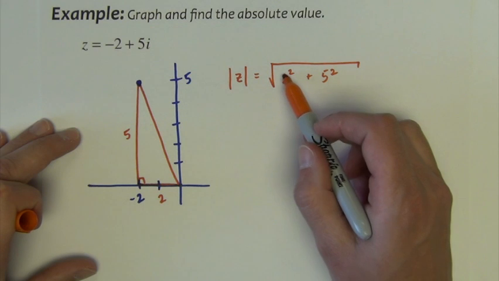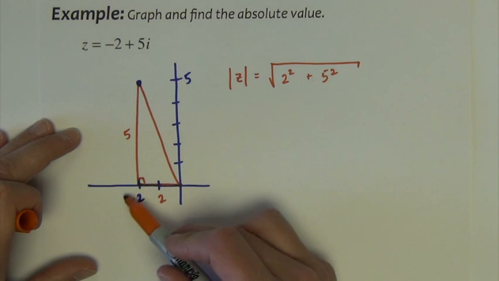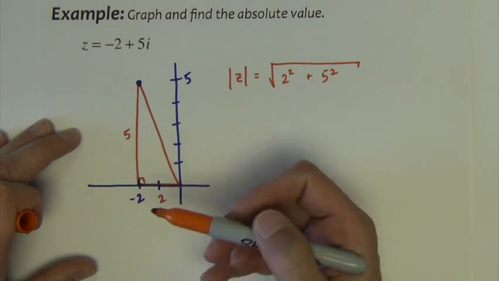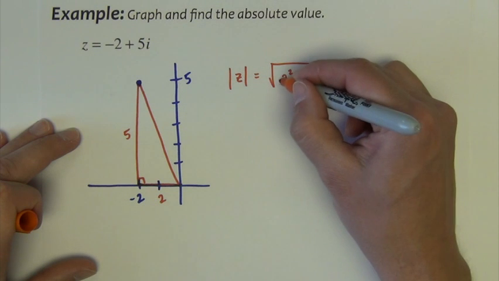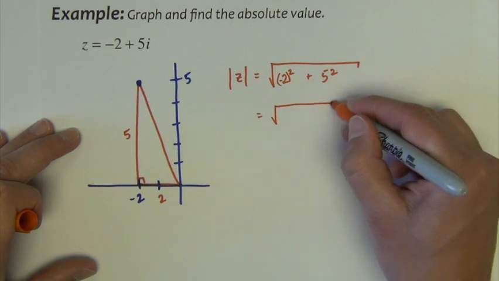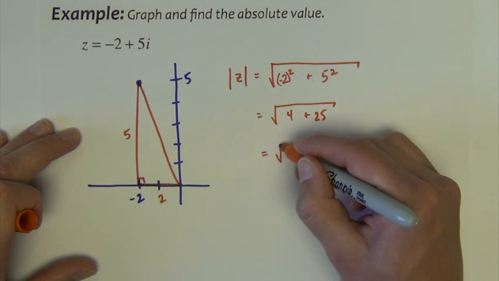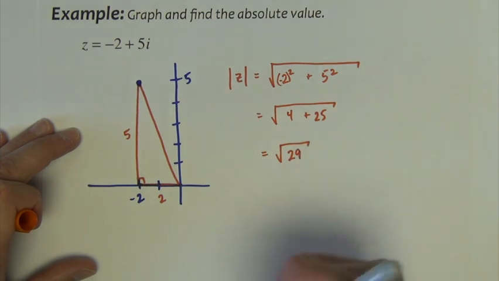Notice I dropped the negative because I'm considering it as just the length of the side, but even if you used the negative 2, it would be the same, because squaring the negative still gives a positive. So it really does not matter there. It's 4 plus 25. The absolute value is the square root of 29.